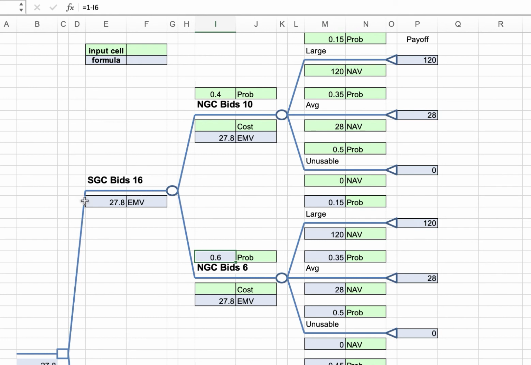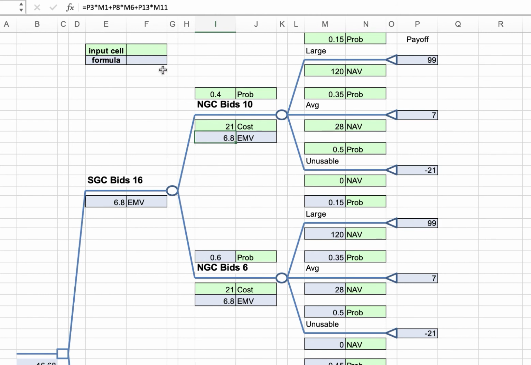Well, SGC's high bid is greater than both 10 and 6. So when they bid high, they're going to have to pay that additional 5 million plus their $16 million bid, making the total cost, no matter what NGC bids, when SGC bids high, the cost is 21 million.